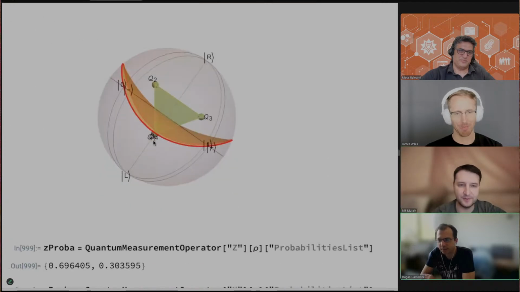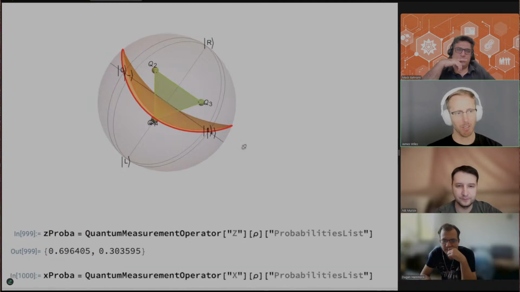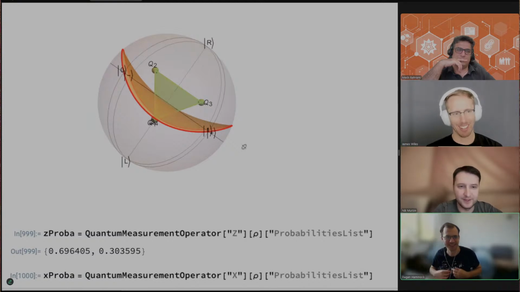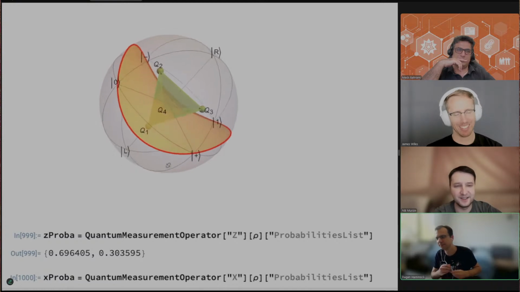Actually, what happens when you flip a potato chip? It acts the same as a coin, right?